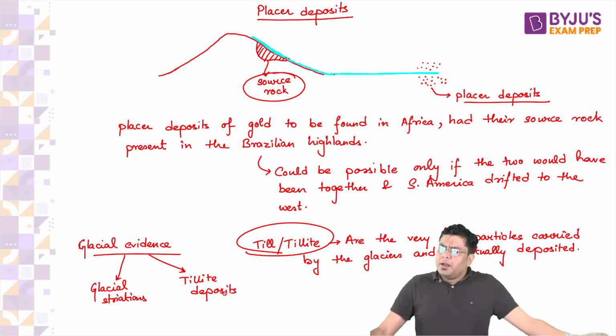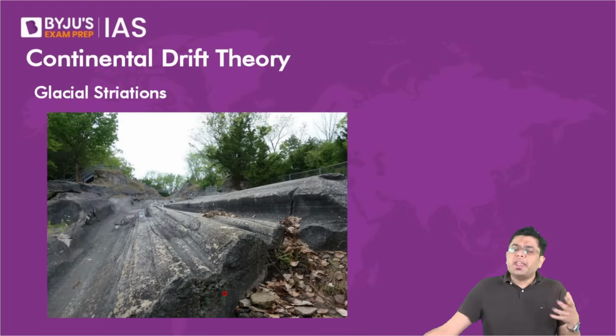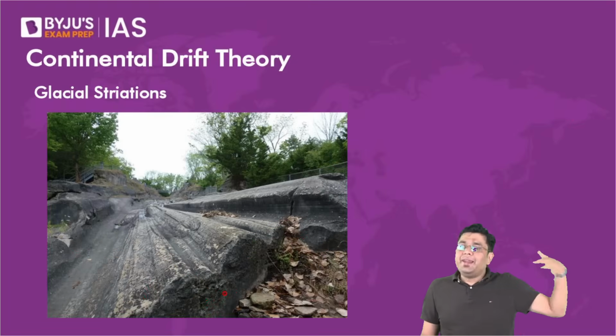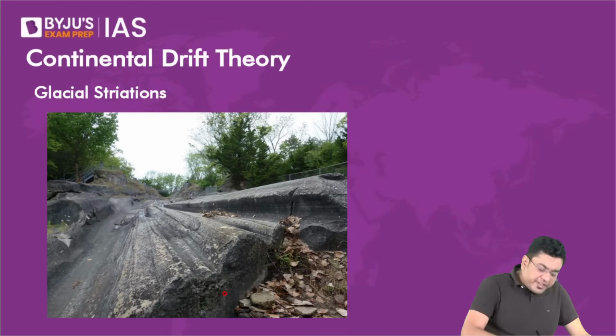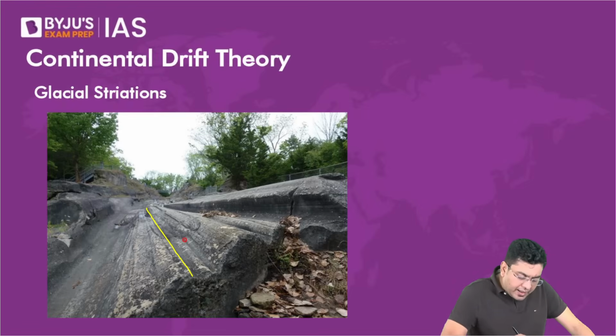Now, here, let me first of all show you what a glacial striation looks like. Striation basically refers to a kind of sinuous line, a linear line-like structure. So, observe this particular image here. Now, here I want you to observe the lines created on the rocks, these linear lines which have been created on these rocky surfaces.